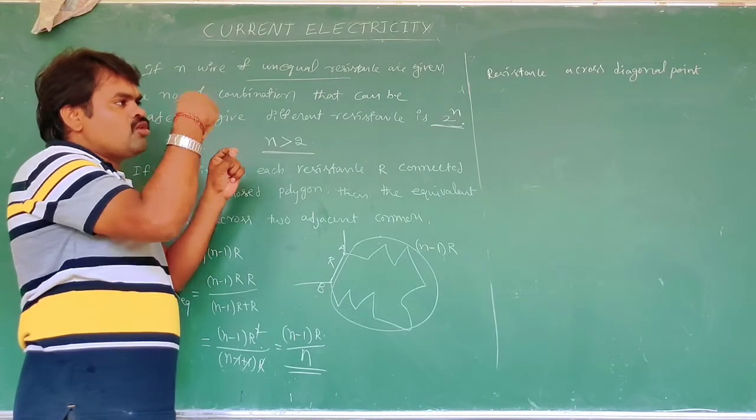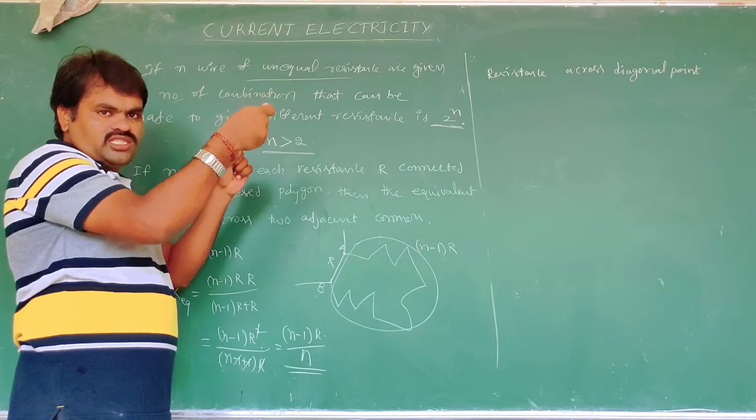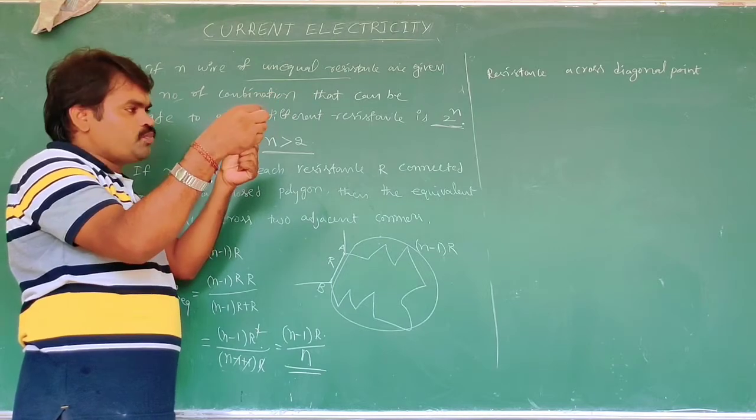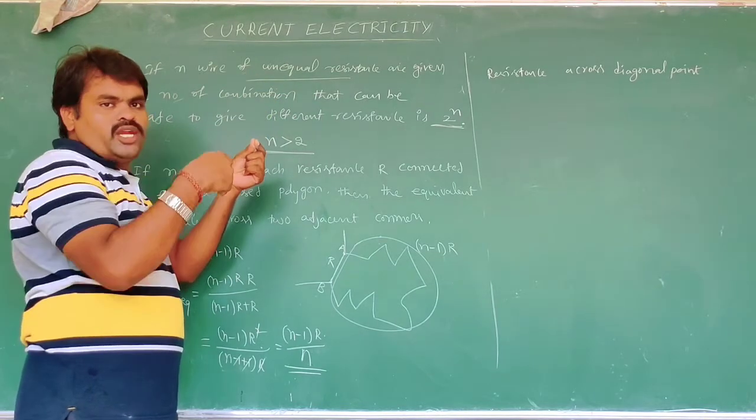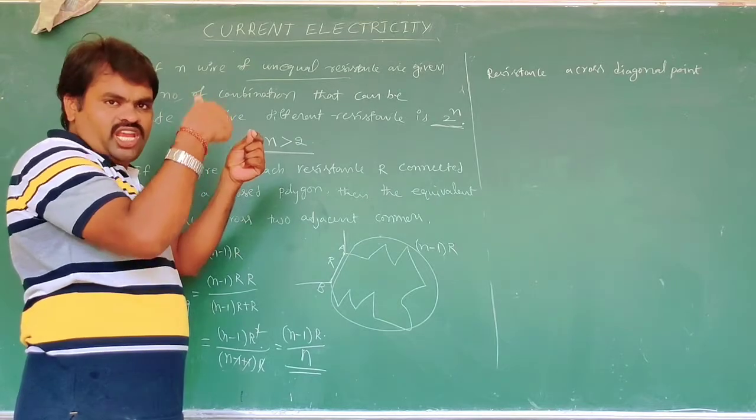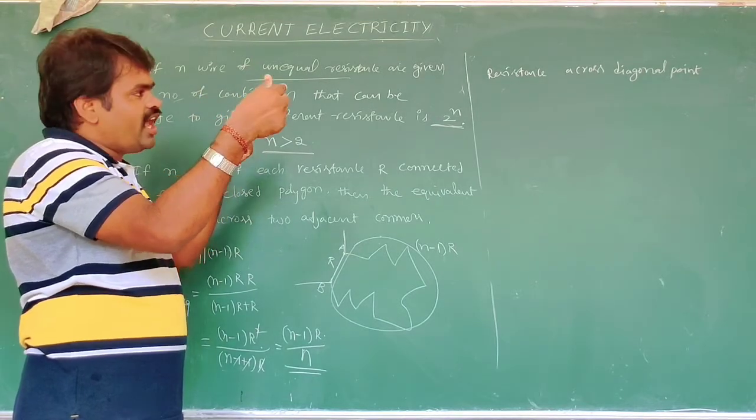Opposite points means one side has n by 2 and the other side has n by 2, and they are in parallel combination diagonally. That's why the equivalent resistance is n by 2 R by 2, because the resistance on both sides is the same, n by 2 R and n by 2 R in parallel.